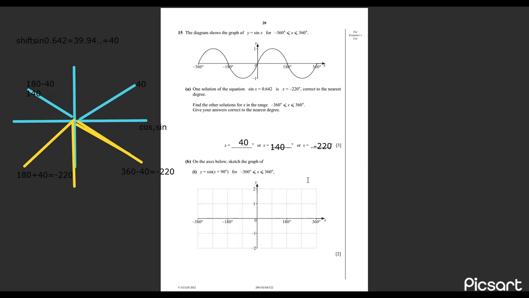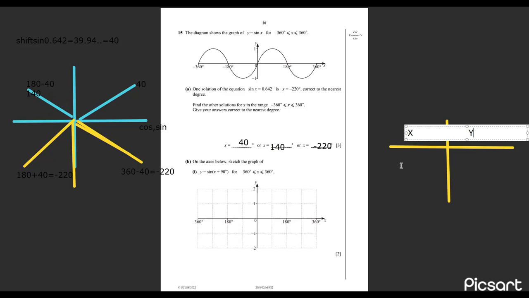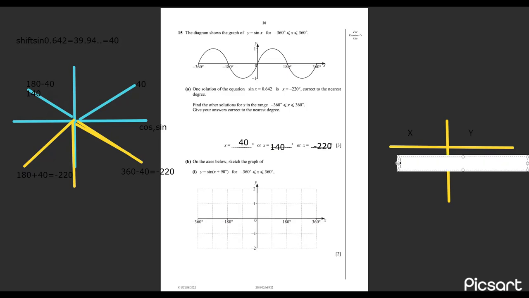Okay, and here he needs you to draw it. On the x-axis below, sketch y equals sine x plus 30. So now we're going to make a simple table for the values of x and the values of y. Here we have x, and here we have y. The x values he needed are from positive 180 and 360, and the negative ones, negative 180 and negative 360.